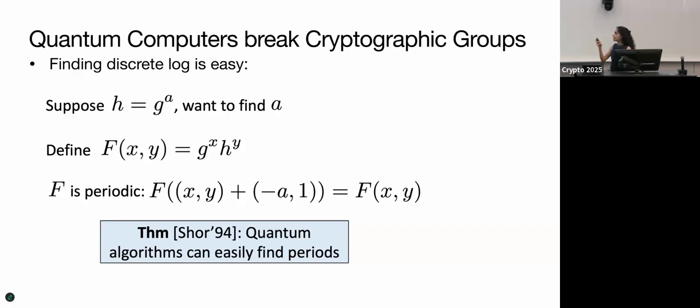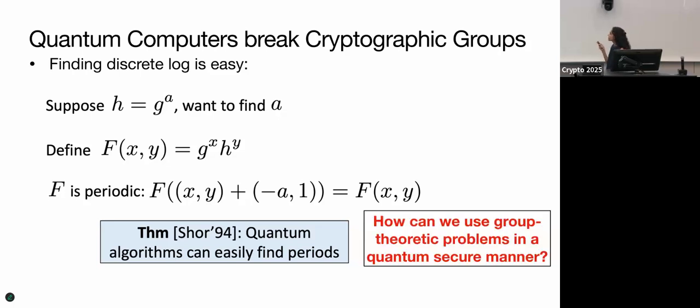So if there's an algorithm that can find this period, which is (-a, 1), then a can be recovered and we can break discrete log. We know from Shor's algorithm that quantum algorithms can easily find periods, so this assumption will be broken with quantum computers.